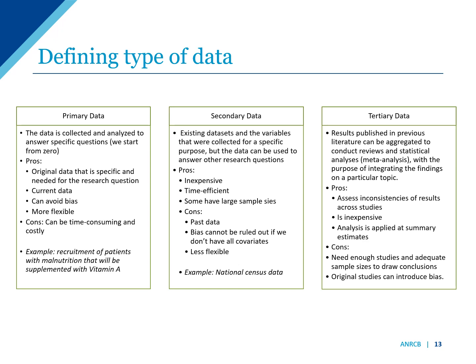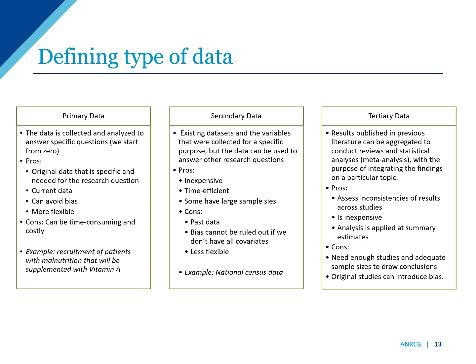It's usually data from the past, and you have to take that into consideration when you may need current, up-to-date data. Bias can't be ruled out if we don't have all the covariates of interest, and it's less flexible. You can't add any variables to a secondary data set unless you're able to connect those specific individuals to primary data that you've collected. An example of secondary data is census data.